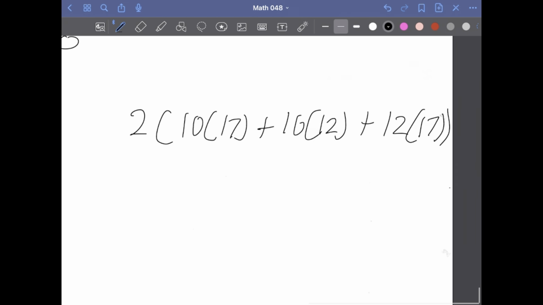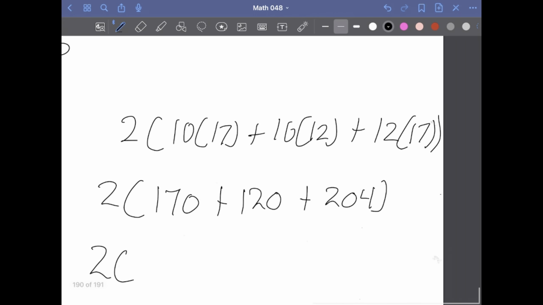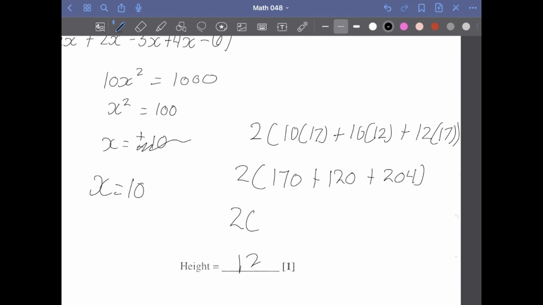So 2 times 10 times 17 is 170, plus 120, because 10 times 12 is 120, plus 12 times 17, which is 204. Now let's add up everything together. 204 plus 120 plus 170 is 494, times 2 is 988. So these values are correct.